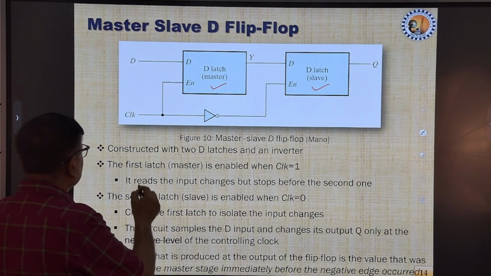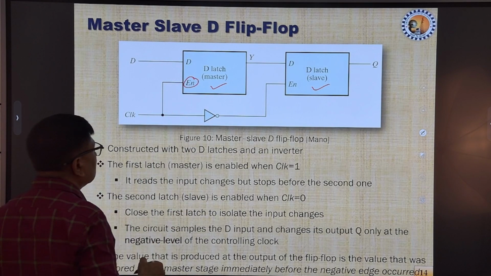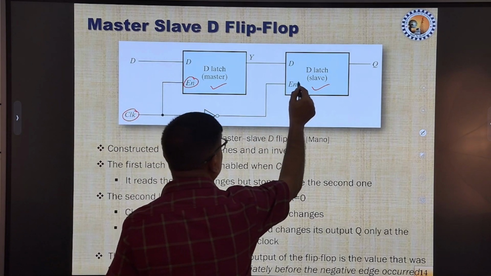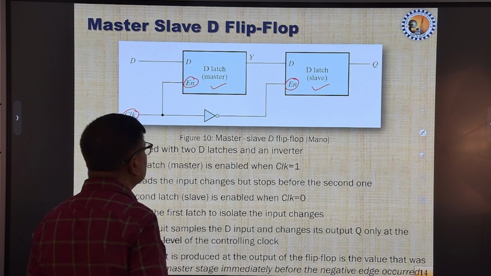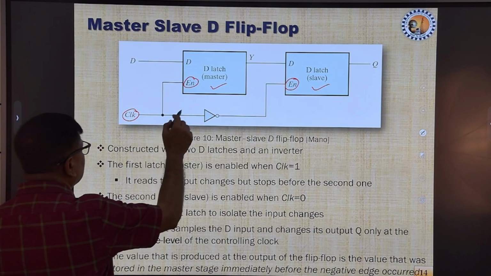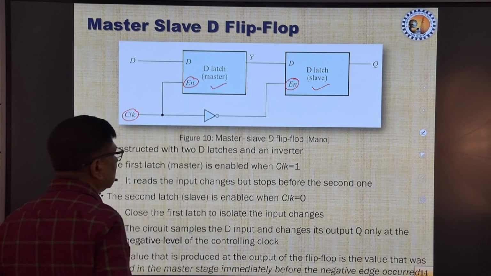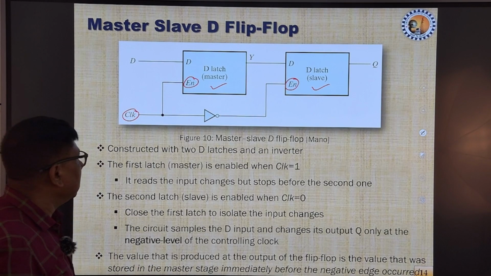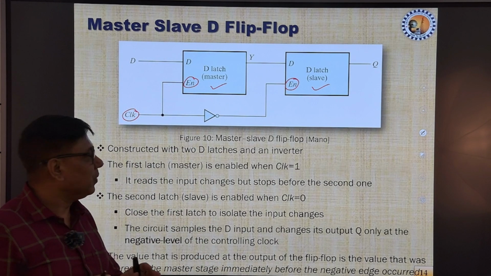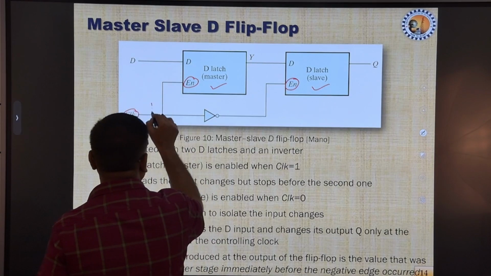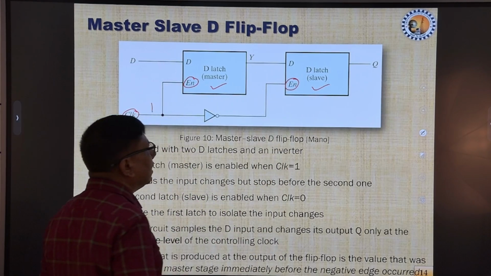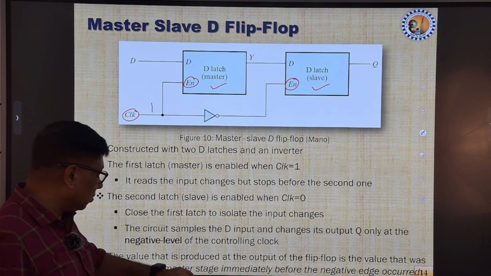Now the enable input of the master is connected directly to the clock signal, and the enable input of the slave is connected to the inverted version of the clock signal. As a result, when the master is active, the slave remains in a sleep state, inactive, because when the clock is 1, the enable of the master gets 1, but the enable of the slave gets a 0.